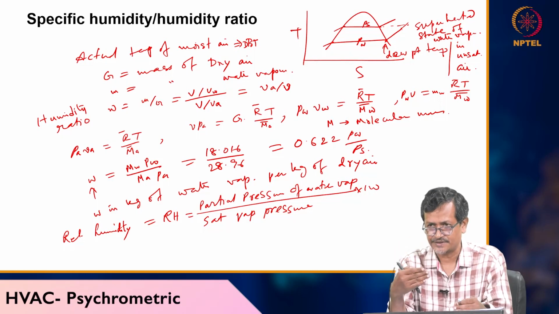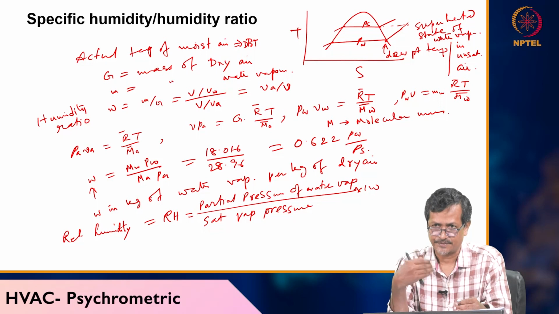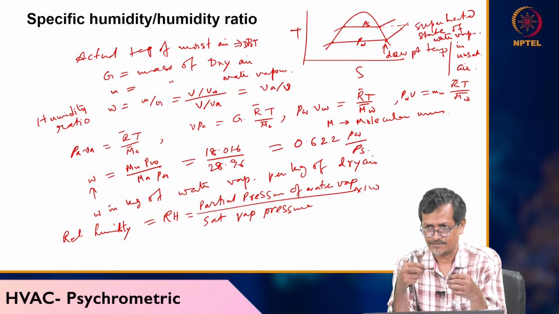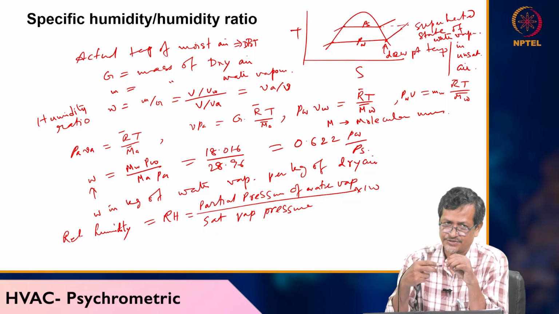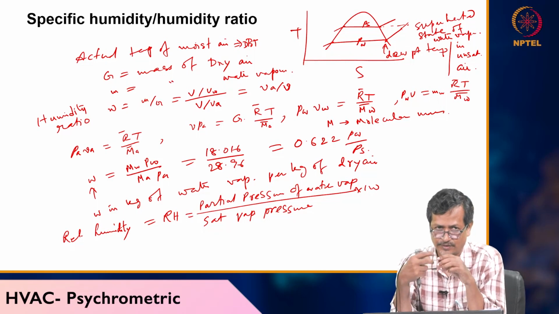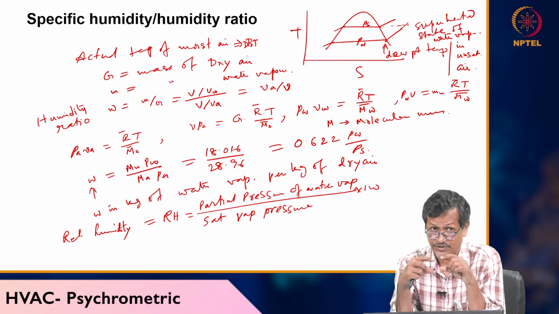Relative humidity 100% means it will not absorb more water, but with relative humidity less than 100% it will absorb more water vapor at the same temperature. So the two ratios at the same temperature is called relative humidity.